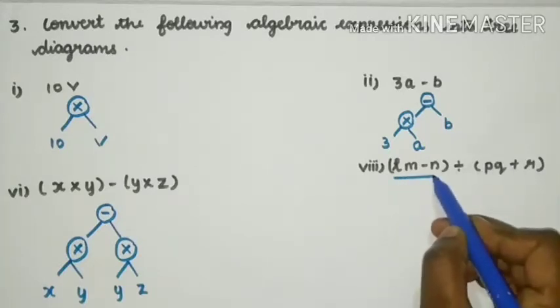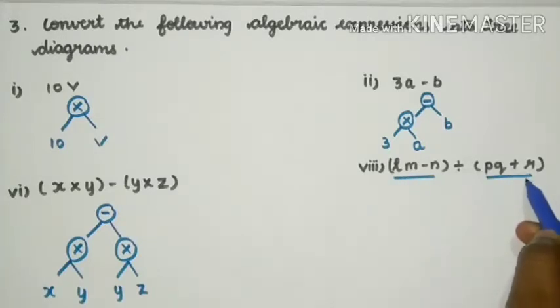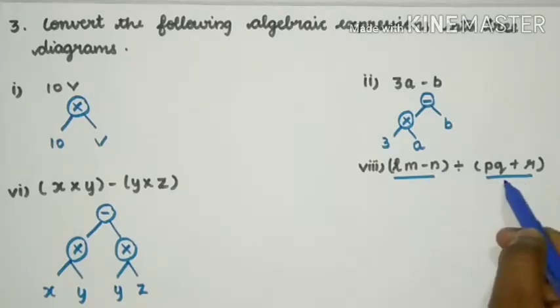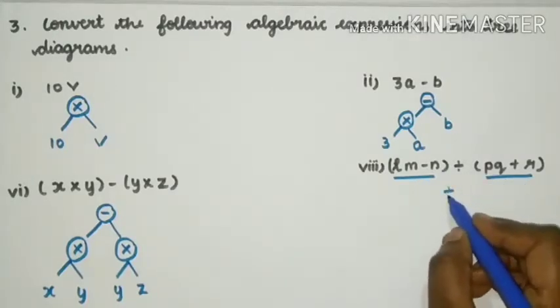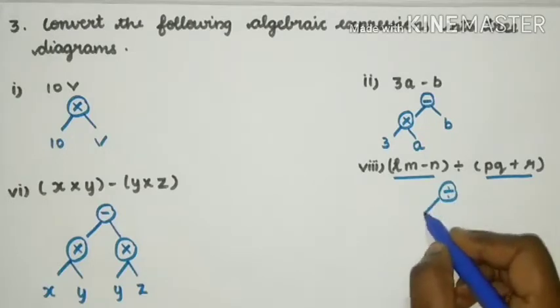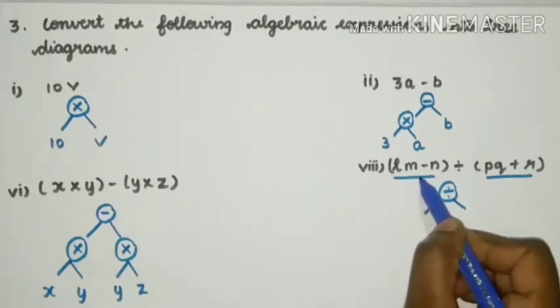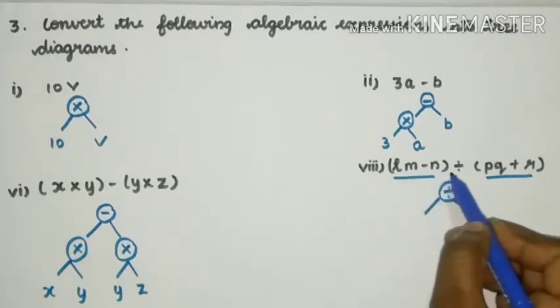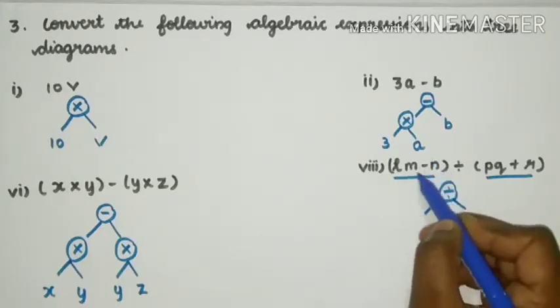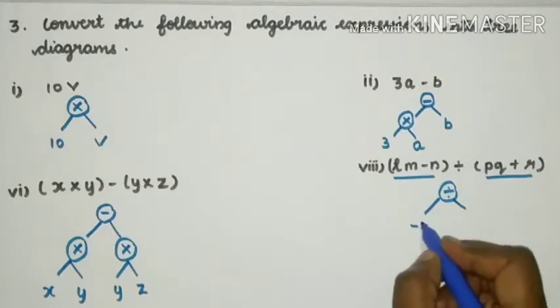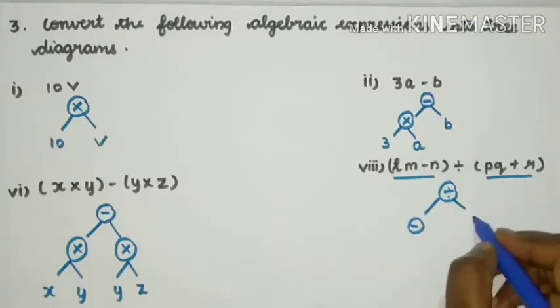Eighth sum. (l m minus n) divided by (p q plus r). Consider this bracket as the first term and this bracket as the second term. Here the two brackets are connected with the operation division. Then first let's break down the first bracket. l m minus n. Which operation is used here? Minus. In this one, plus.